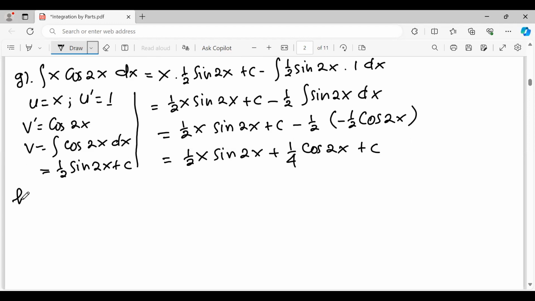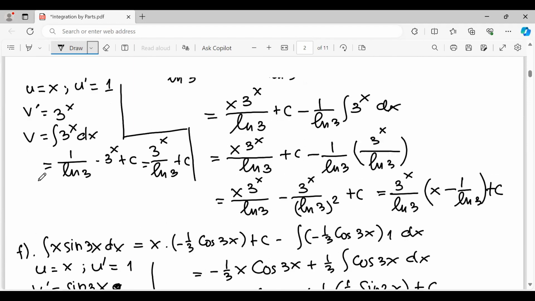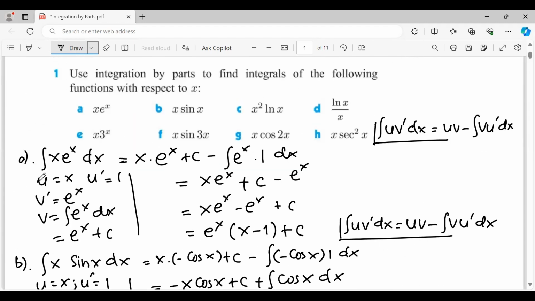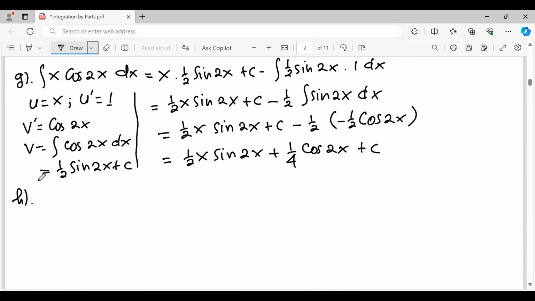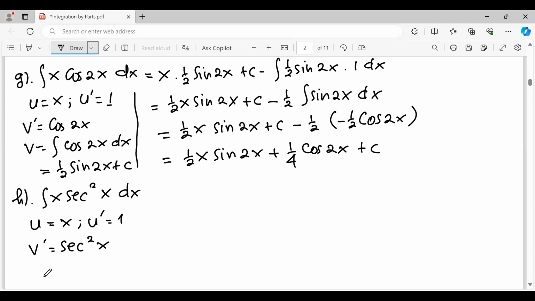Next, x secant squared x. U equals x, derivative equals 1, and derivative phi is secant squared x.